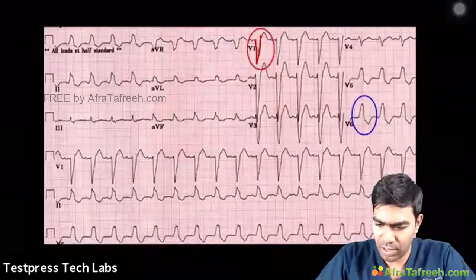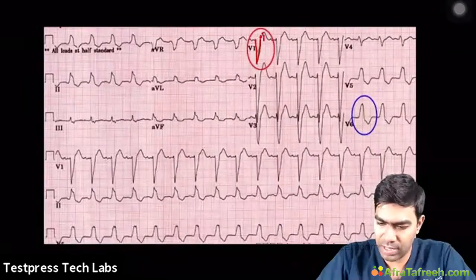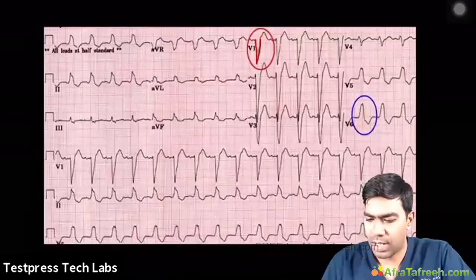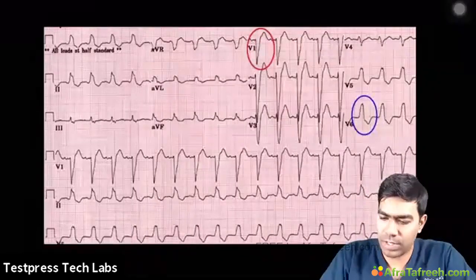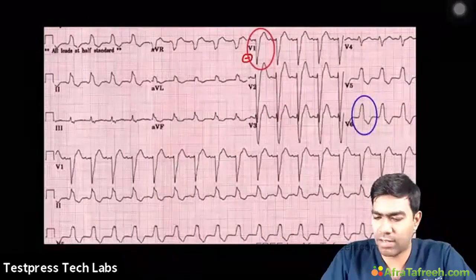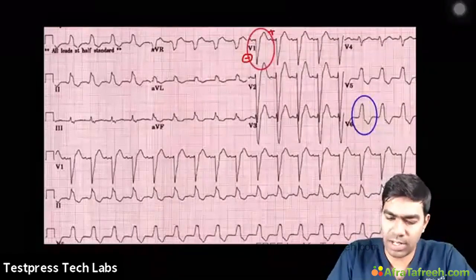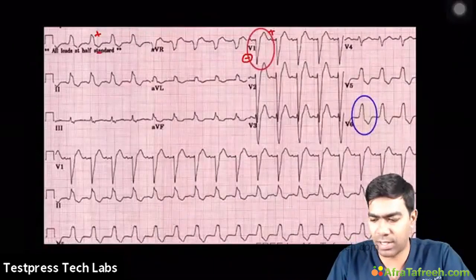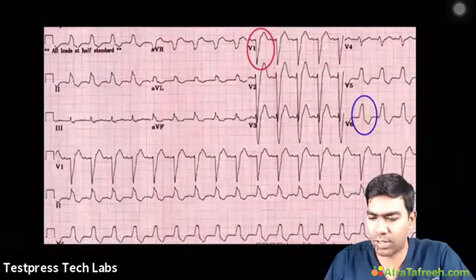From the J point, at 80 milliseconds, there's definitely some ST elevation, no doubt about that. And mostly you will have a discordance. In the leads that show a negative QRS, they'll have a positive T wave. In the leads that show a positive QRS, they'll have a negative T wave. This is what we refer to as discordance.